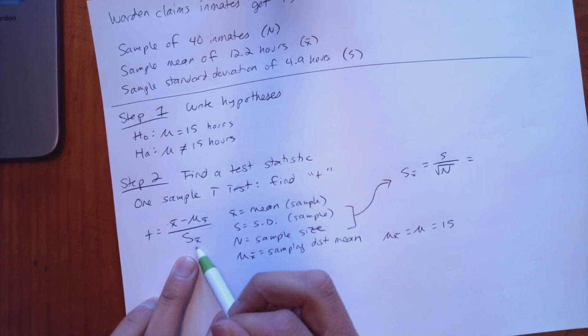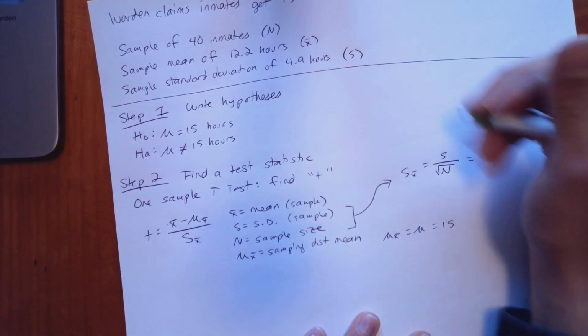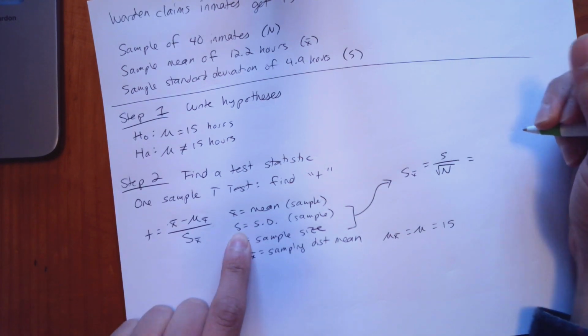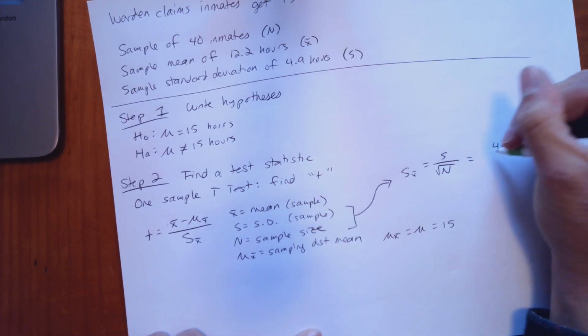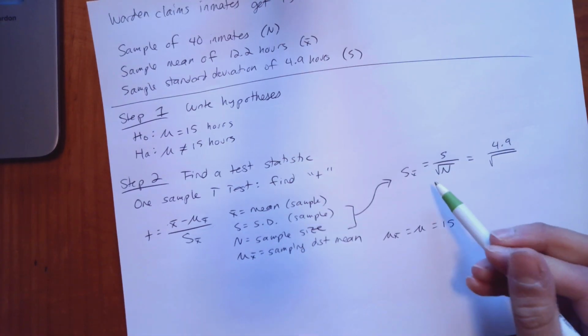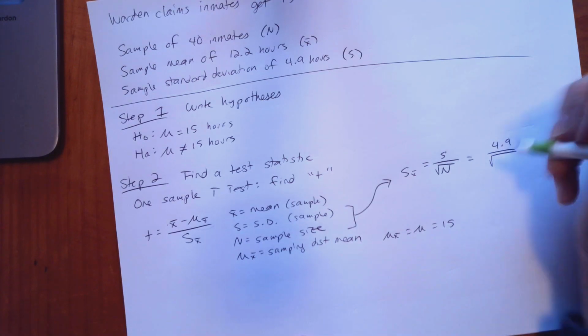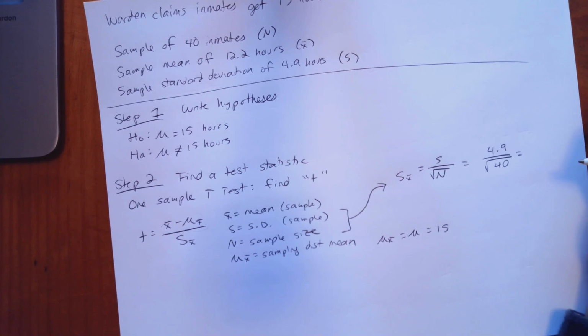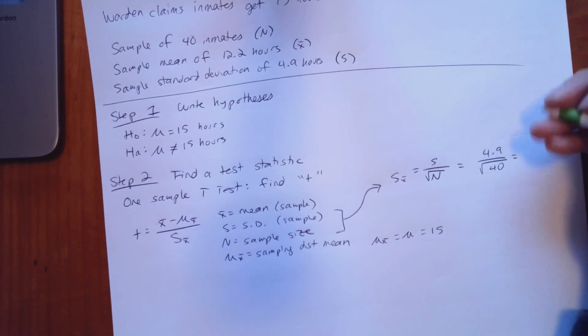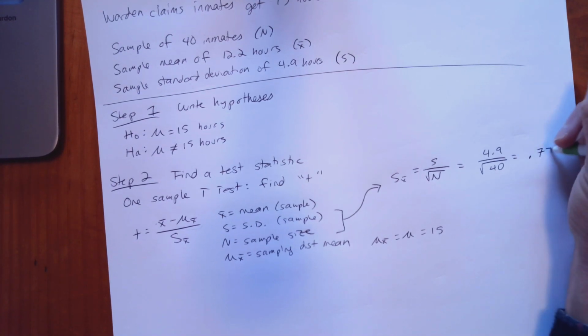which is the standard deviation divided by the square root of the sample size. So to get S sub x bar, we're going to plug in our standard deviation, which is given as 4.9 hours, and divide by our total sample size, which is 40 inmates. If you do this math out, it should come out to 0.77.